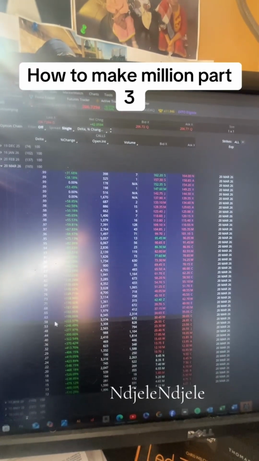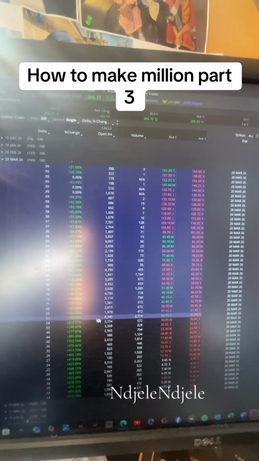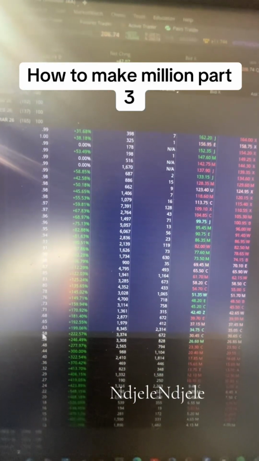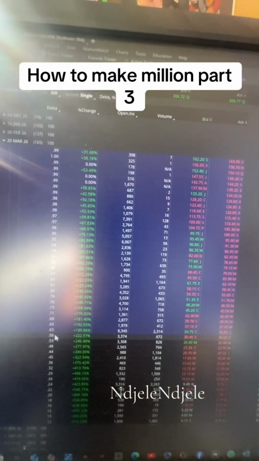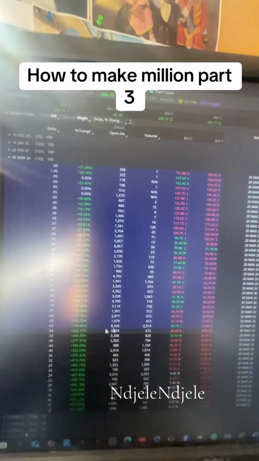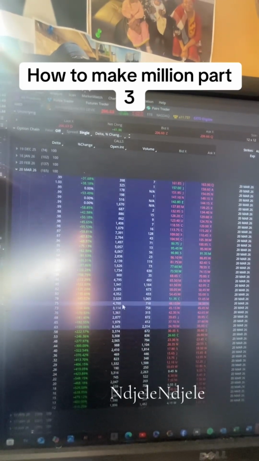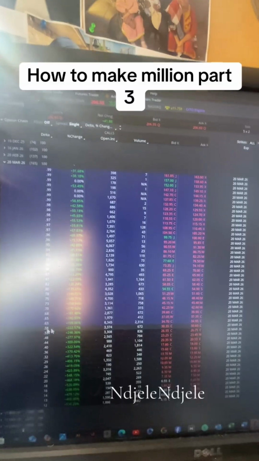That means that for every dollar up, this will go 58. You've got to multiply by 100, so 0.58 by 100 is $58. So for every dollar that the stock goes up, this contract will go $58 up.